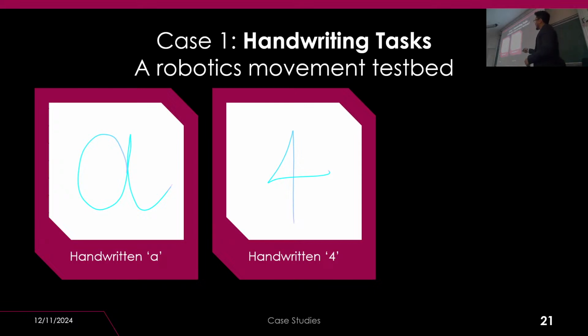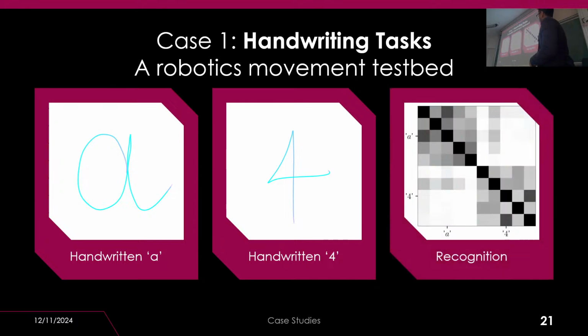And by demonstrating 5 times the different lowercase a and 5 number 4s, I've managed to create this correlation matrix, very basic stuff, that regroups the graphemes, as you may notice, although not very crisply. There is some promising results over here, which point towards applications outside robot manipulation. In this case, handwriting recognition, which is something that I'll be exploring further down the line.